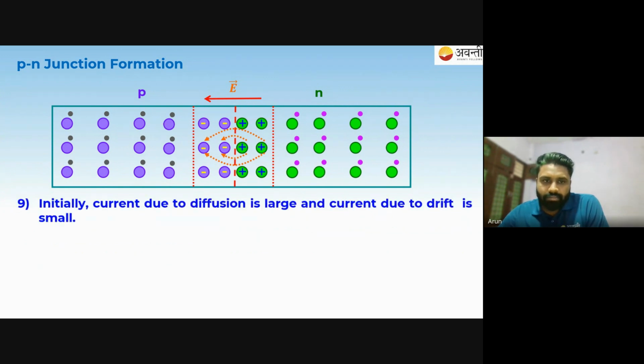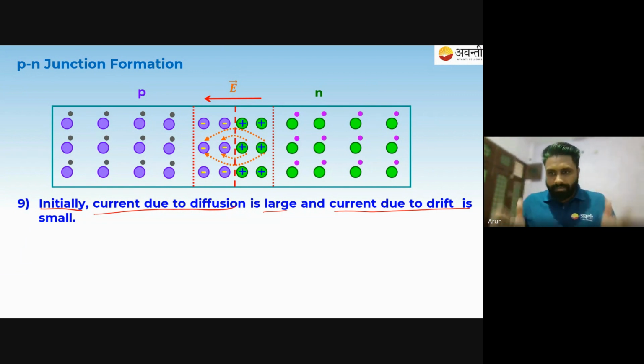Got it? So initially, the current due to diffusion is very large, and the current due to drift is small. Because initially what will happen? The depletion width will be forming, so the majority charge carriers are in motion. The majority charge carriers of n type, meaning electrons, are filling those vacancies very rapidly.